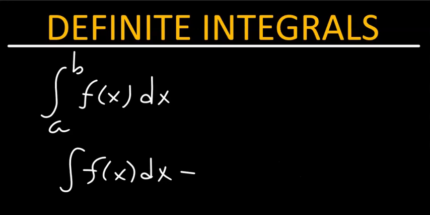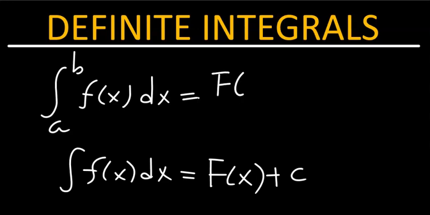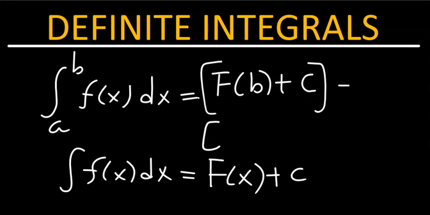If you denote this indefinite integral to be the capital F(x), let's say with an integration constant, then the above integral is just capital F evaluated at the upper limit b plus an integration constant, minus capital F evaluated at a plus the same integration constant.